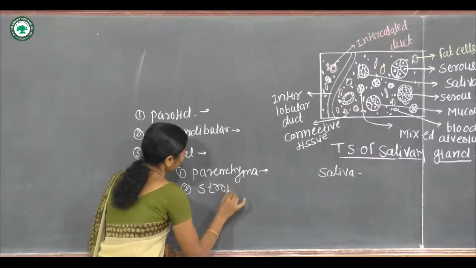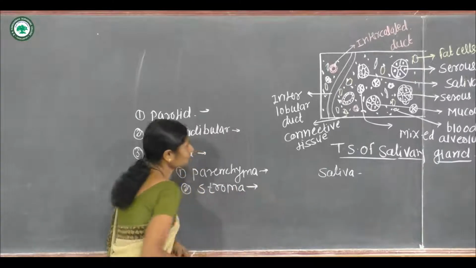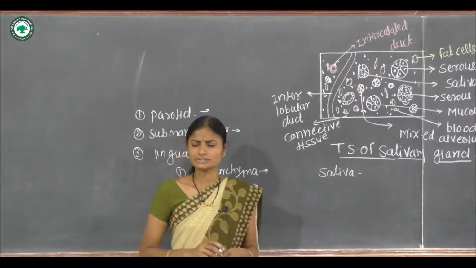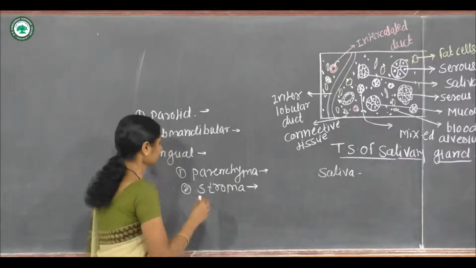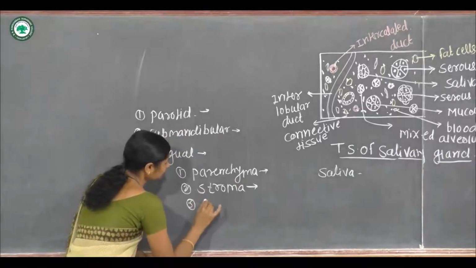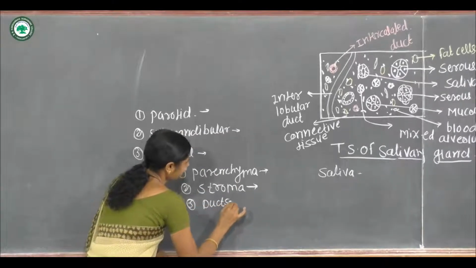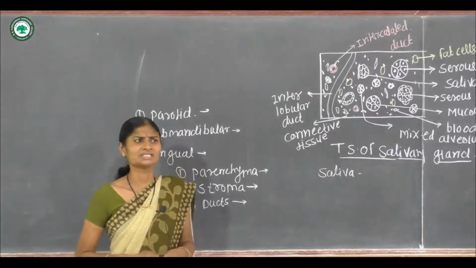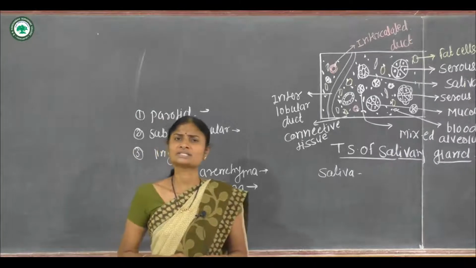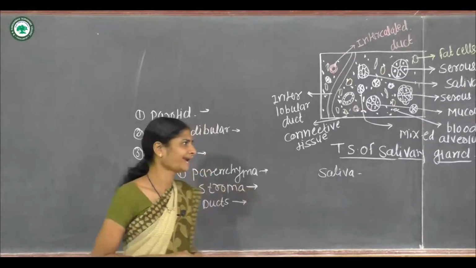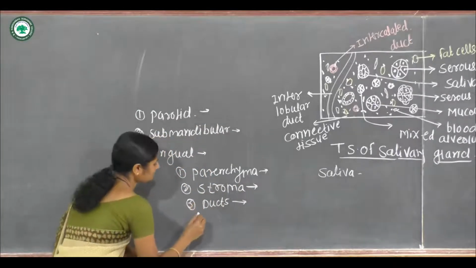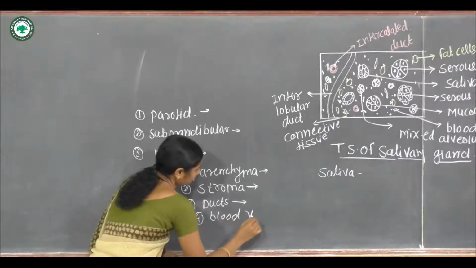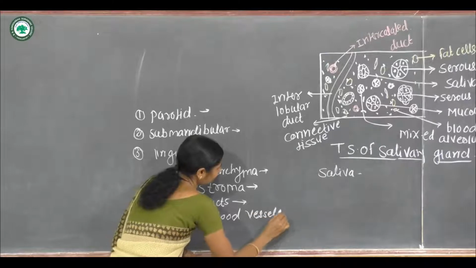In an exocrine gland, connective tissue is present, and this connective tissue is called stroma. The next part is the ducts. Different ducts are present, and these ducts carry secretion towards the excretory duct. And the last part is the blood vessels present in these exocrine glands.